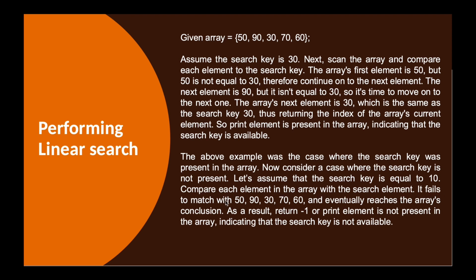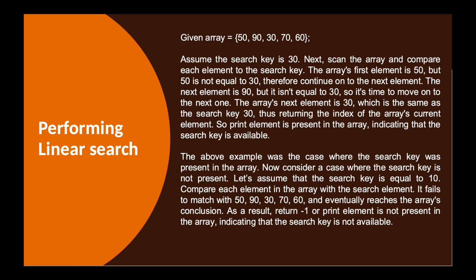It fails to match the 50, the 90, the 30, the 70, and the 60, and eventually reaches the array's conclusion. As a result, return -1 or print "element is not found in the array," indicating that the search key is not available.